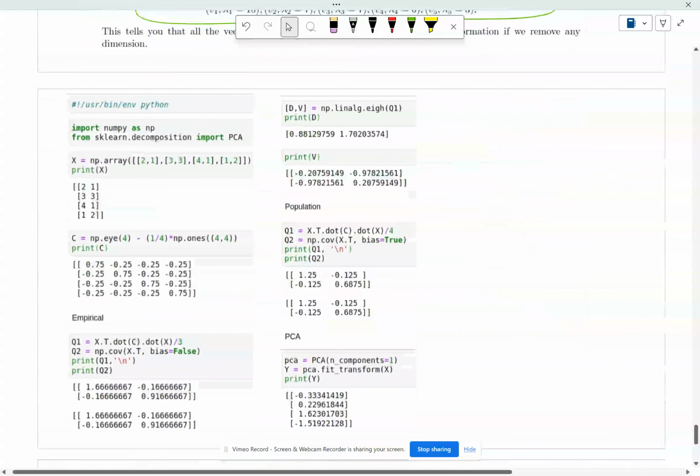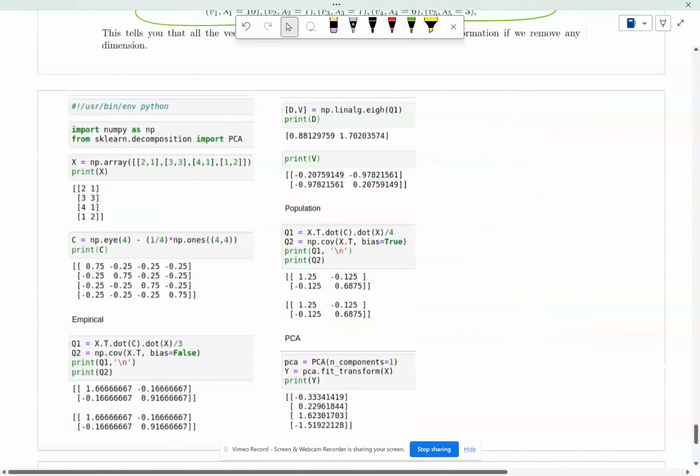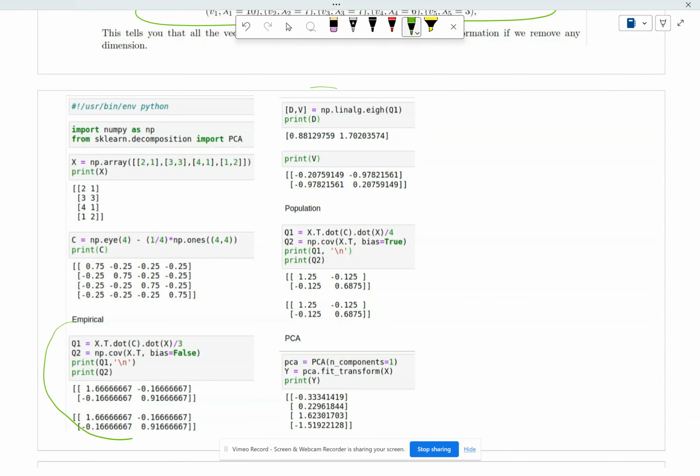Okay, so I wrote the code for you guys to perform PCA. You can perform eigendecomposition on that Q matrix, and then you can find the eigenvectors.